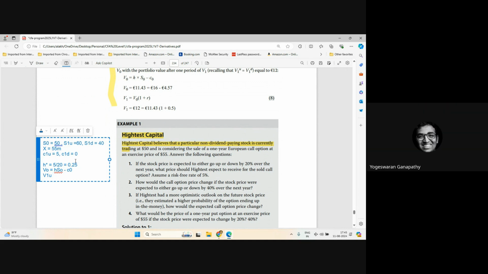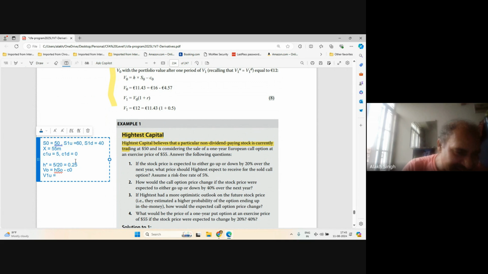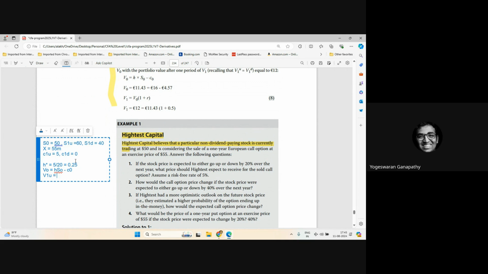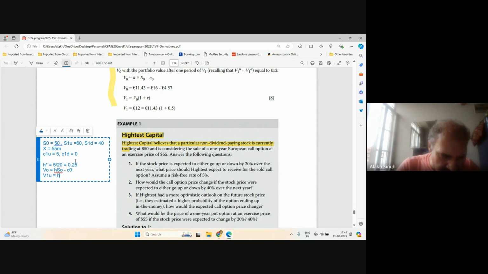V1U is equal to H S1 minus C1, that is what we will write. So V1U is equal to 0.25 times 60 minus C1U.